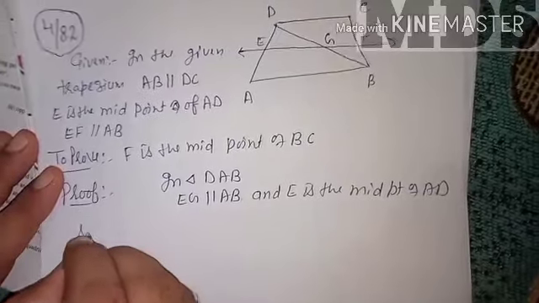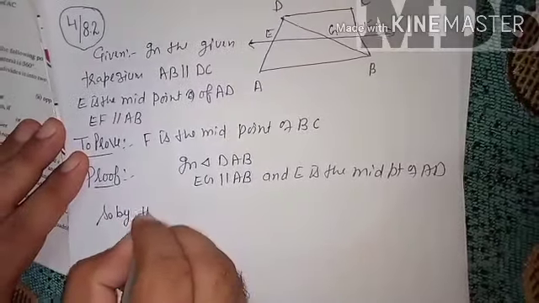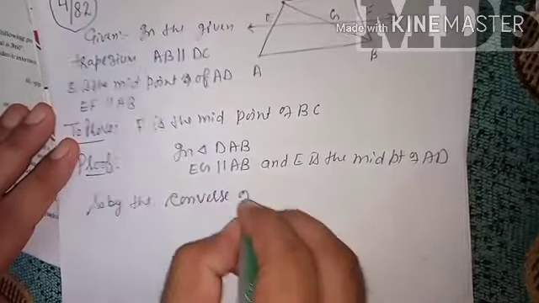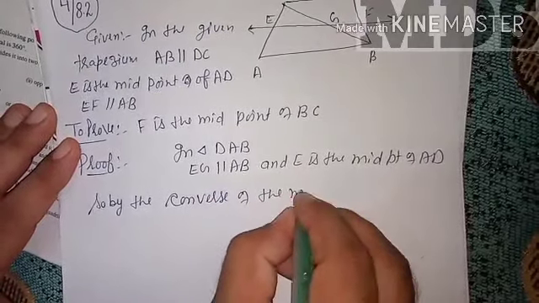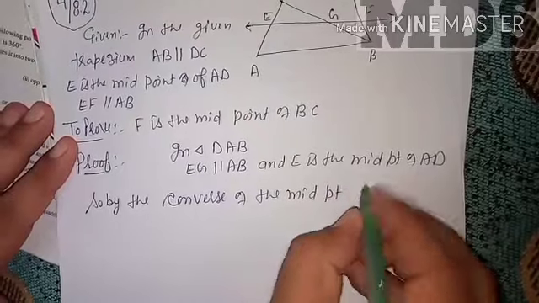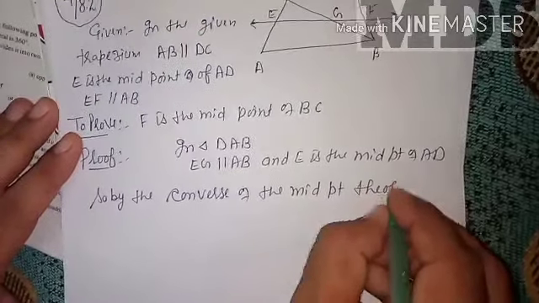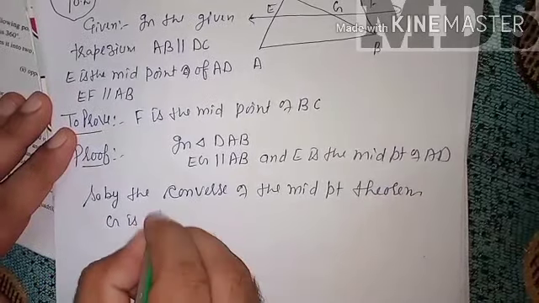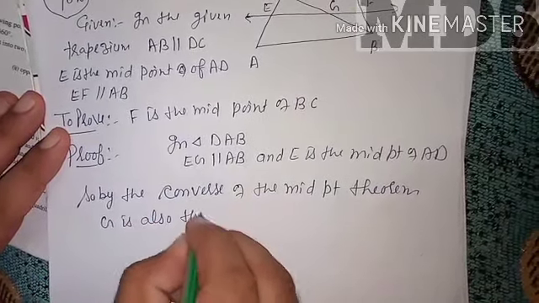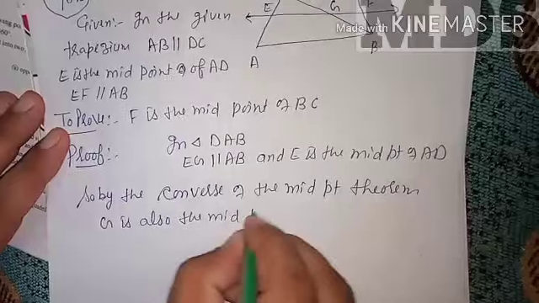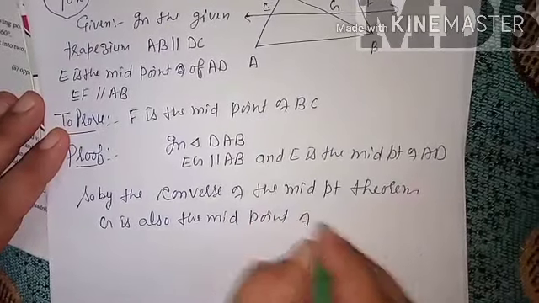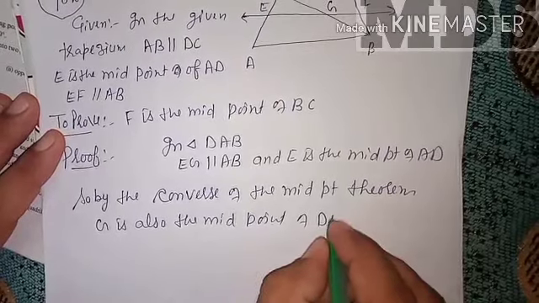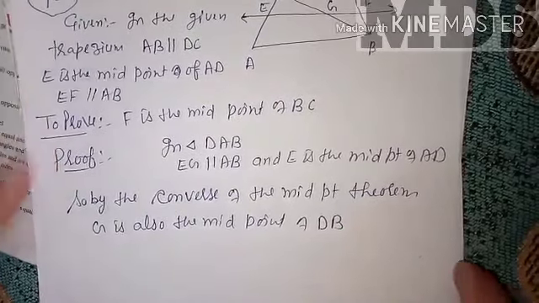So by the converse of the midpoint theorem, G is also the midpoint of what? DB. Understood this?